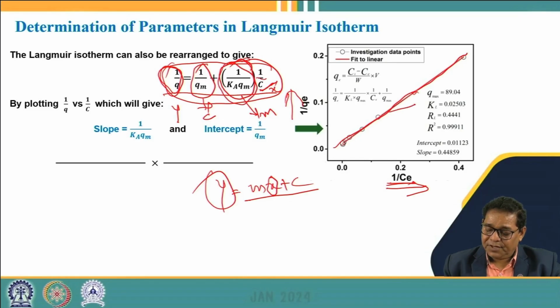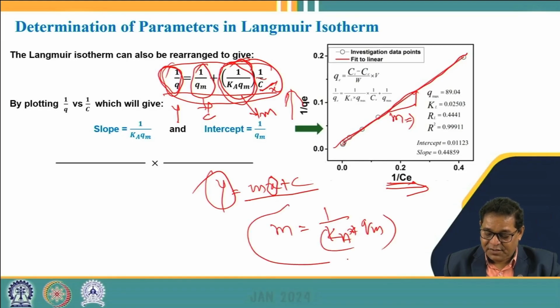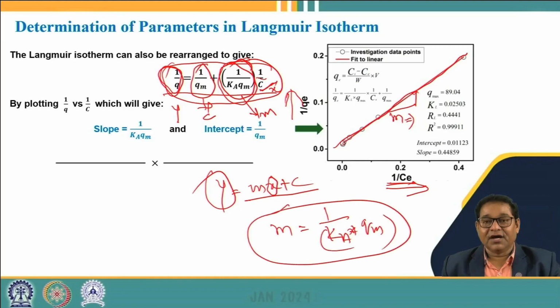The slope of this line, m, gives 1 upon Ka into Qm.